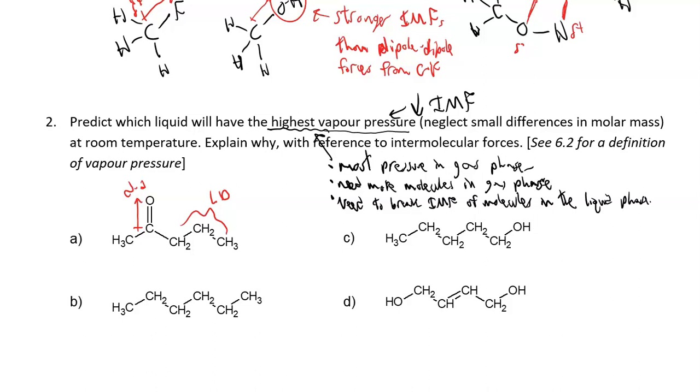So we have two types here. If we look at B, we have no dipole-dipole. We only have London dispersion forces, so this one's going to be a lot weaker than A, which has dipole-dipole forces.